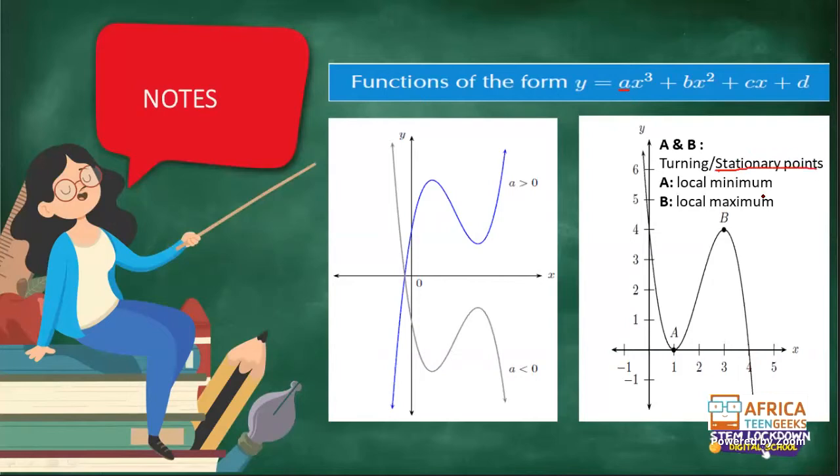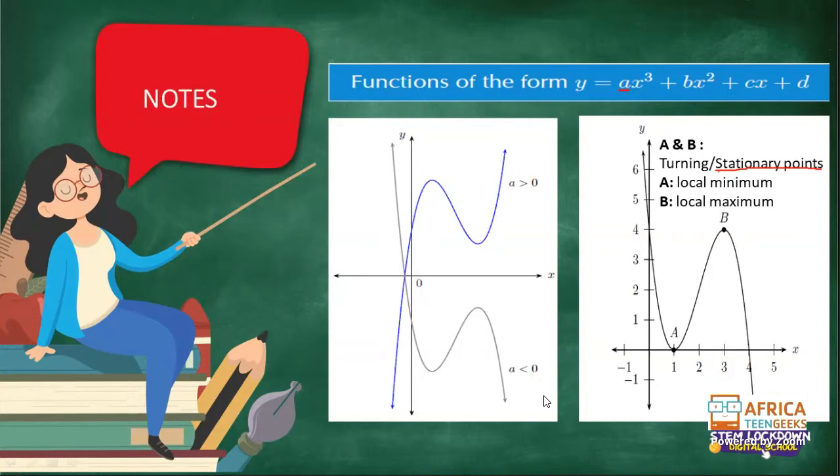So you will still have your x-intercept as usual, y-intercept, and then you will have your stationary points, which we also name our local minimum and our local maximum. I just wanted you to see the shape.